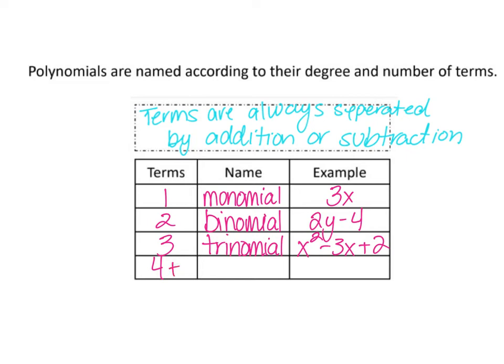And anything with more terms than that is simply a polynomial. So you could have something as simple as y cubed plus y squared minus y plus 4. And this can go on and on and on. So those are all going to be polynomials. It's kind of a generic name for them.